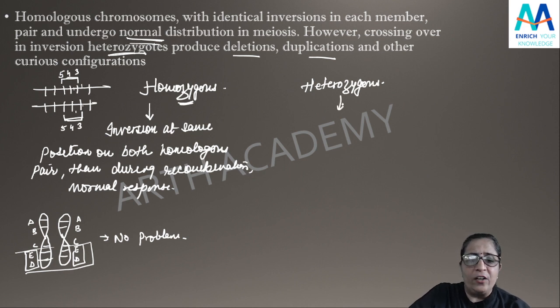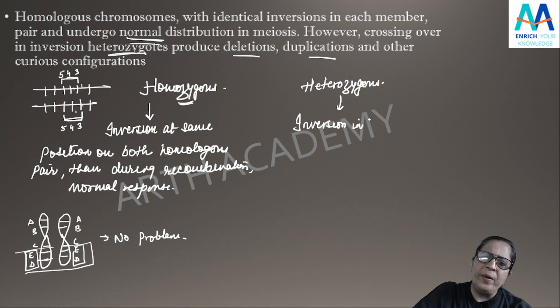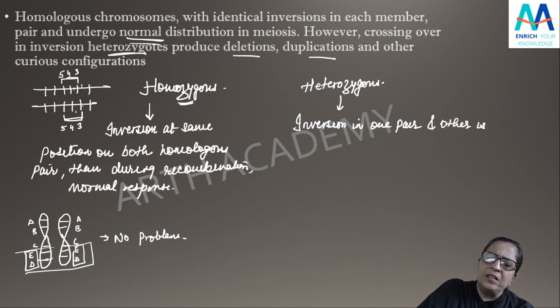If it is a heterozygous inversion, that means the inversion is in only one of the pair and the other is normal, then such a case is called heterozygous.